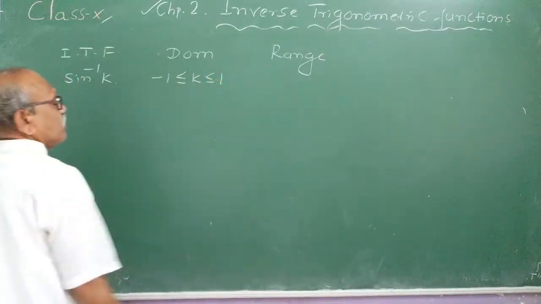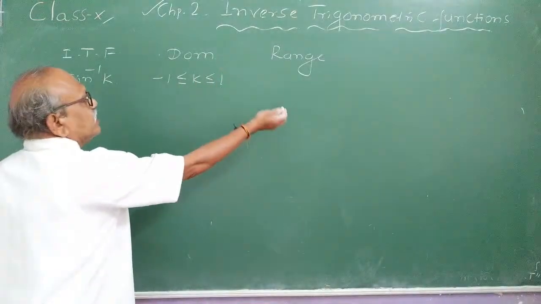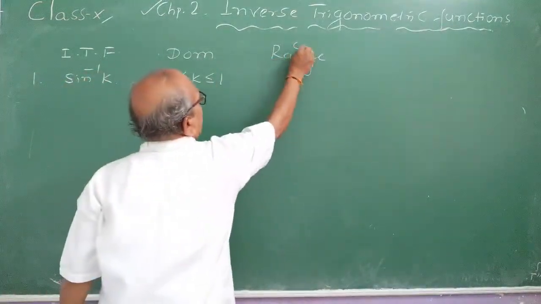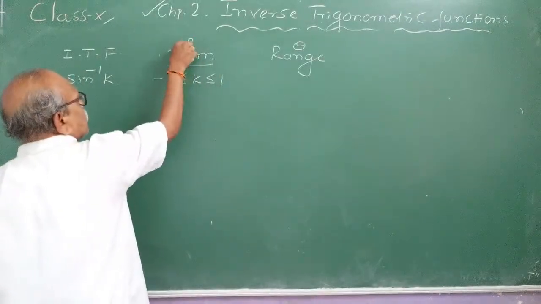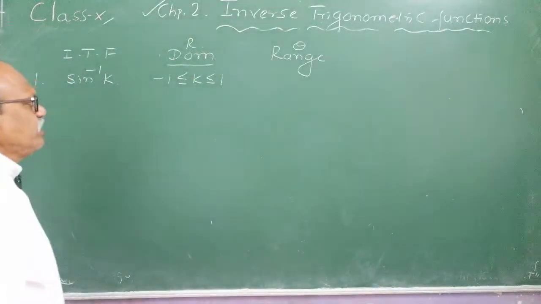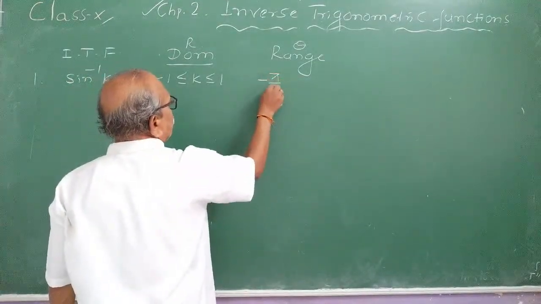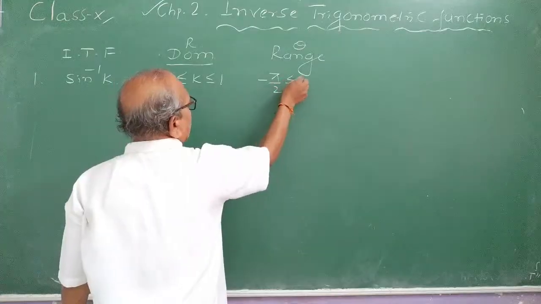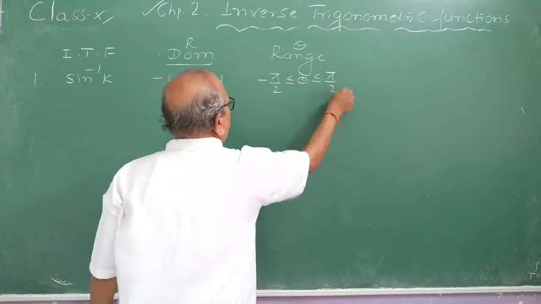Range will be generally the angle theta. Here you will have the real number as a domain. What is the range for it? You can expect sine inverse exists if it lies between minus pi by 2 is less than or equal to theta, theta is less than or equal to pi by 2.